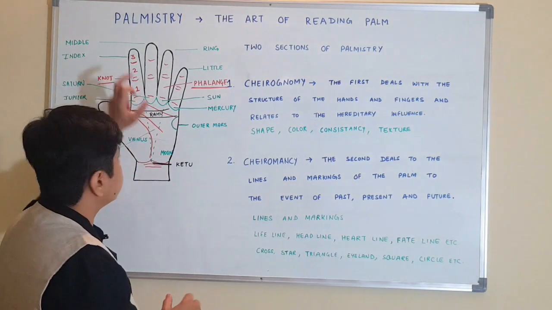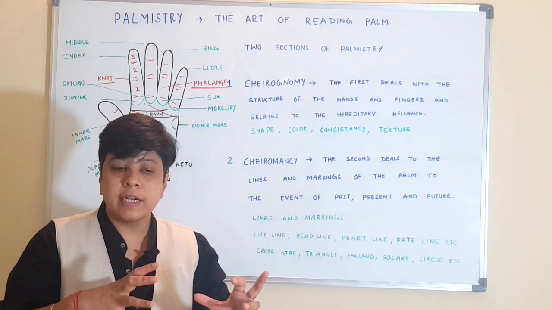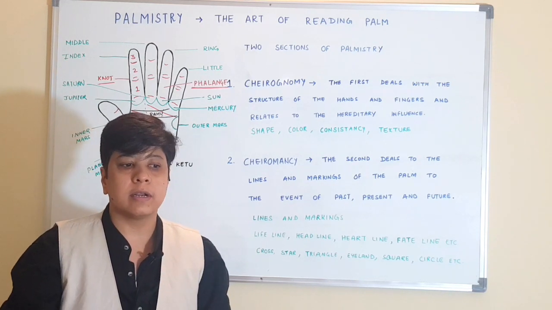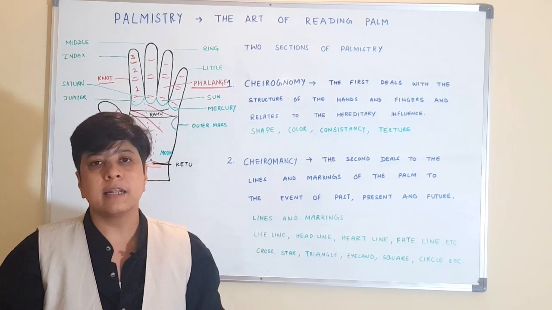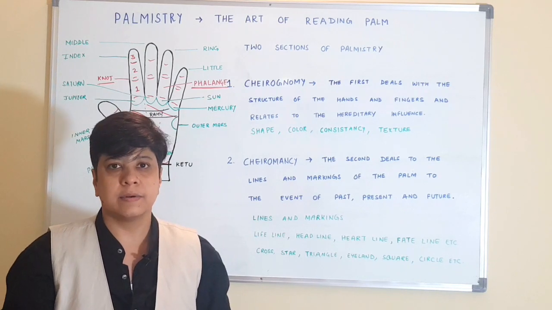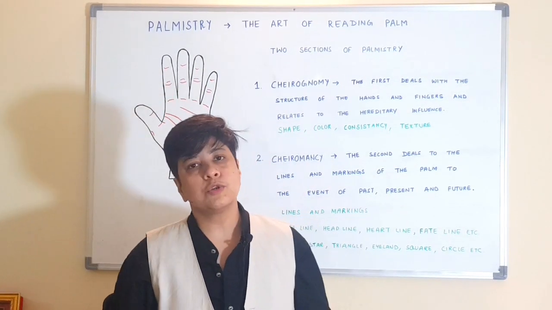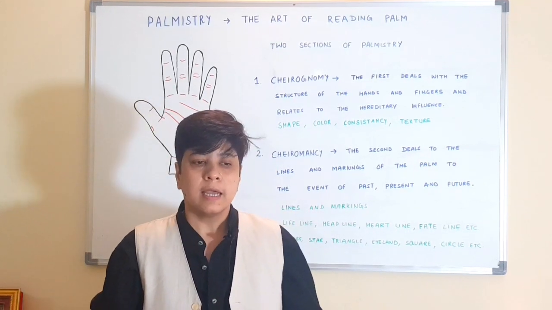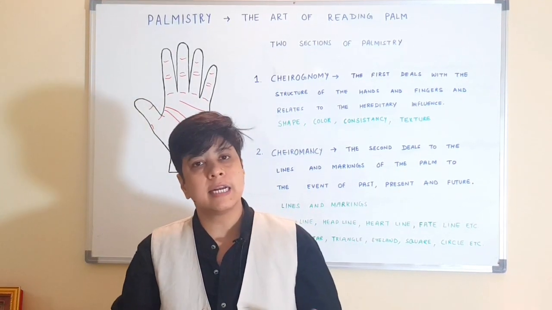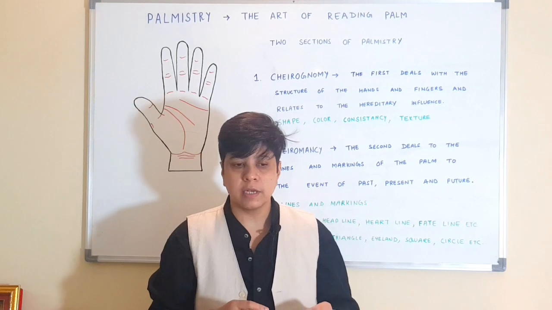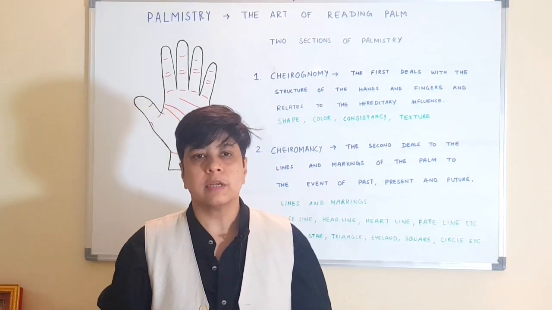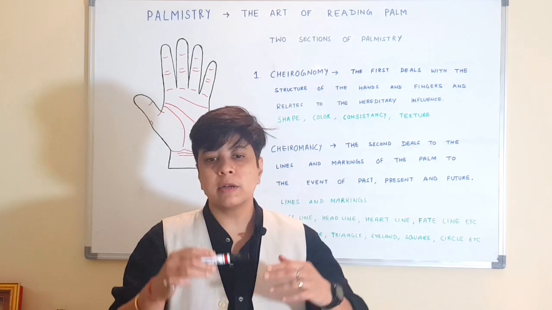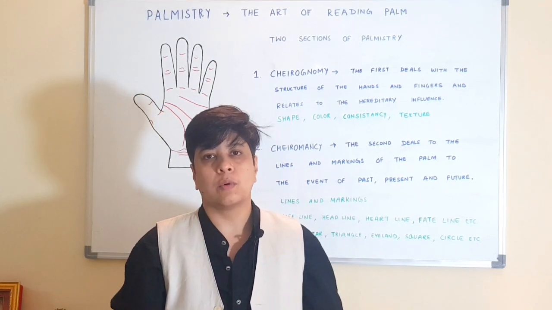And the third one tells how the person is involved in the physical world, his physical pleasures and the materialistic world. Now the question is, why do we have to see the structure of the hand? The structure of the hand indicates the nature and personality of the person. By seeing that, we can guide that person on what profession he should go into.